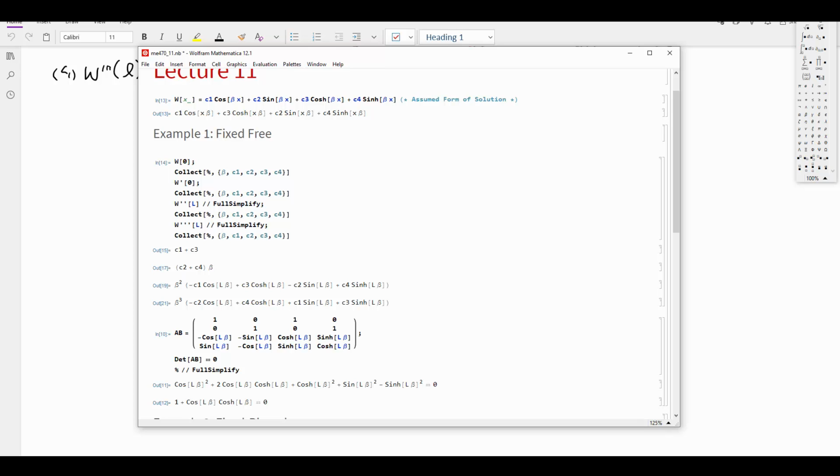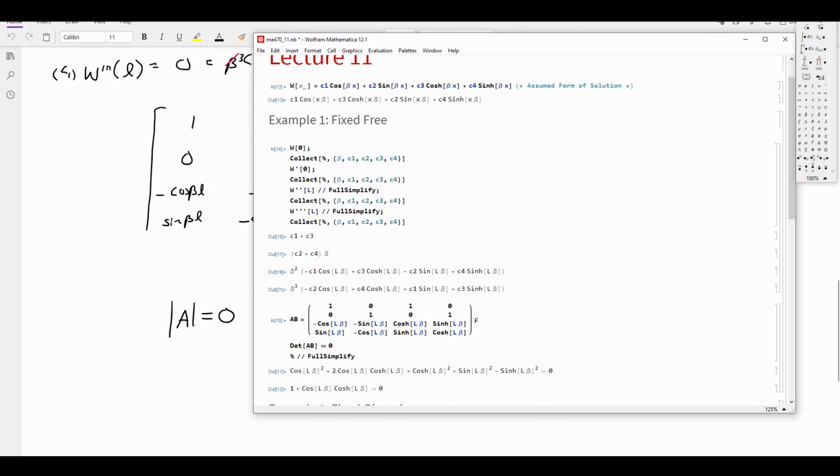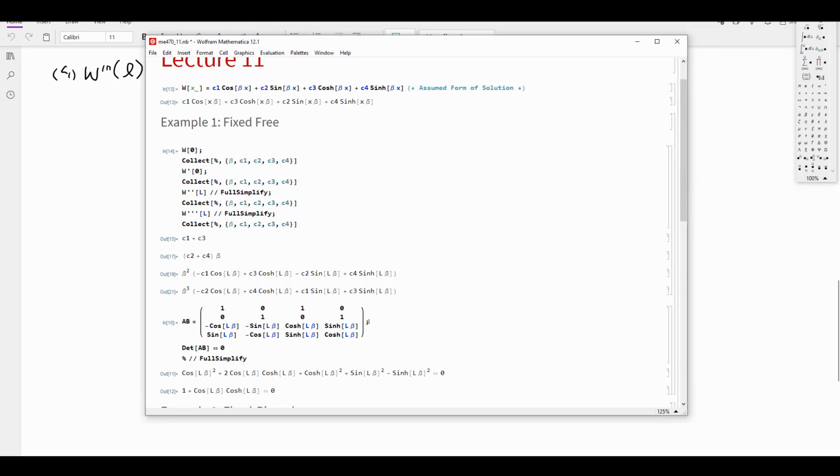But if we see what I have here, that's exactly what I wrote by hand. I just copied it in here. I am using a capital L just so it doesn't look like a 1. I'm defining this AB matrix, taking its determinant, and letting Mathematica simplify it, as we're going to see what happens when we do that simplification.